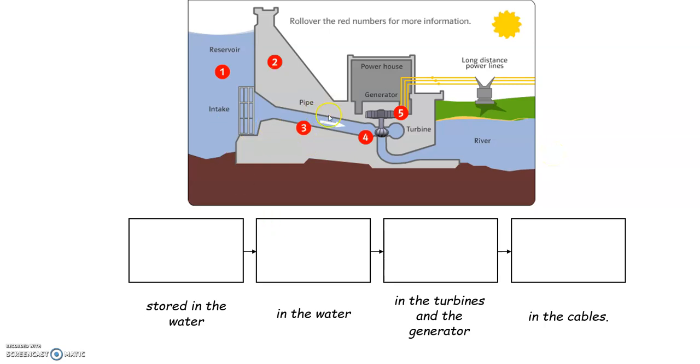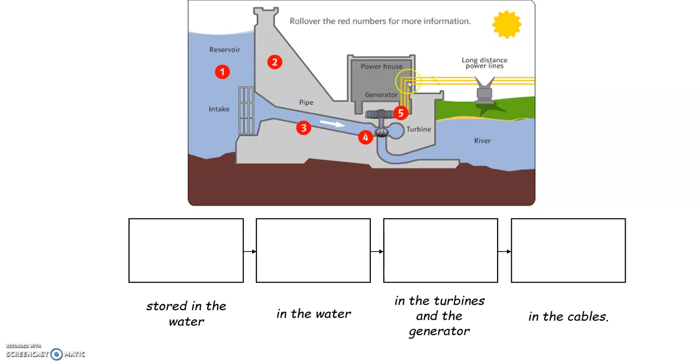The energy resource is hydroelectric power. So we're using water to generate electricity. We have a reservoir of water held high up. It's got gravitational potential energy. This is transferred into kinetic energy as the water flows through the pipes. That kinetic energy in the water is transferred to kinetic energy in the turbine and then the generator.